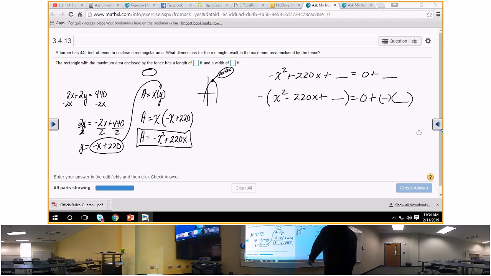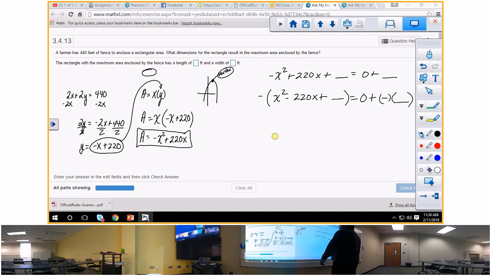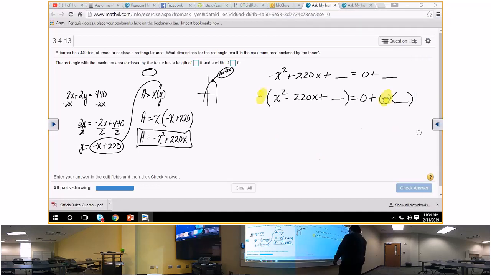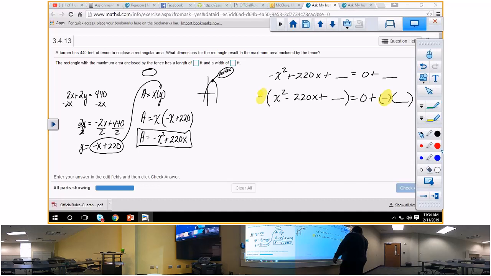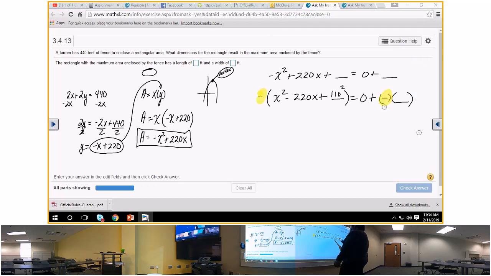Whatever you factor out here, basically you factored out a negative 1. That negative 1 is right there. And half of 220 is 110. And 110 squared is some huge number. I'm just going to add 110 squared there. I don't have the calculator pulled up.